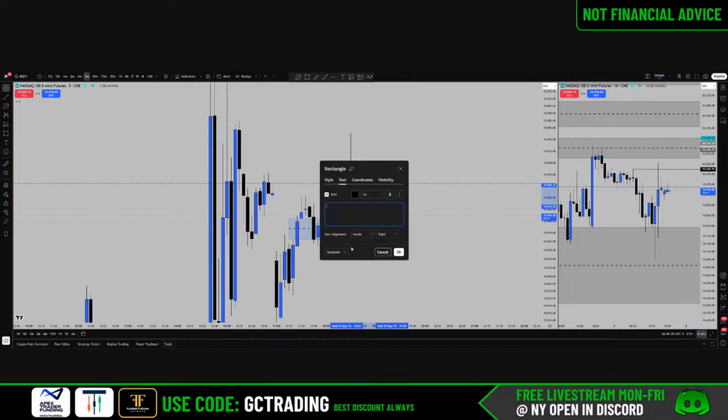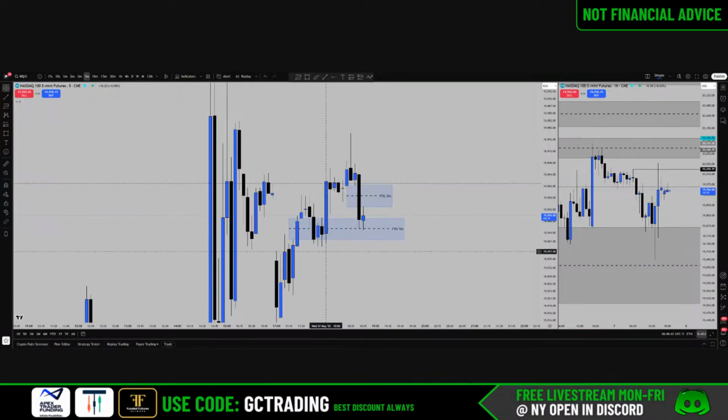Let me draw that for now, and if it does move, I'll adjust it. We got 2 seconds to let the candle close, and there we go. We do have a new hourly candle as well in 10 minutes.